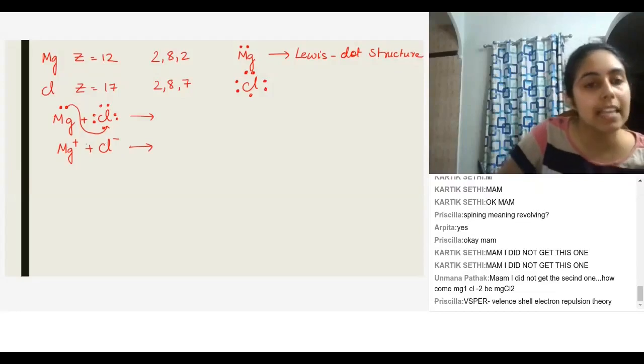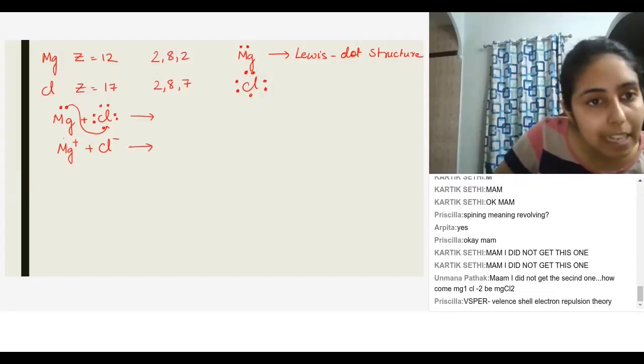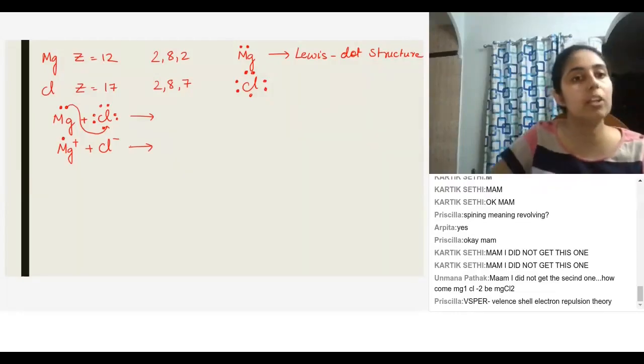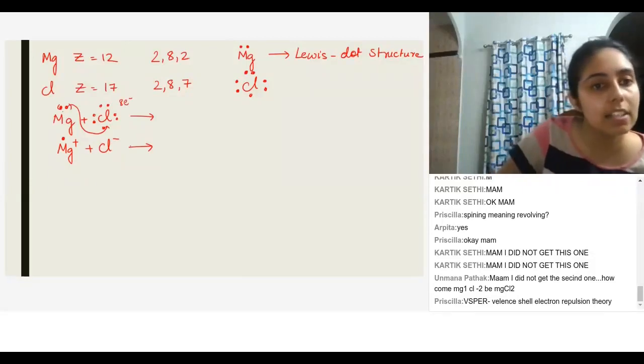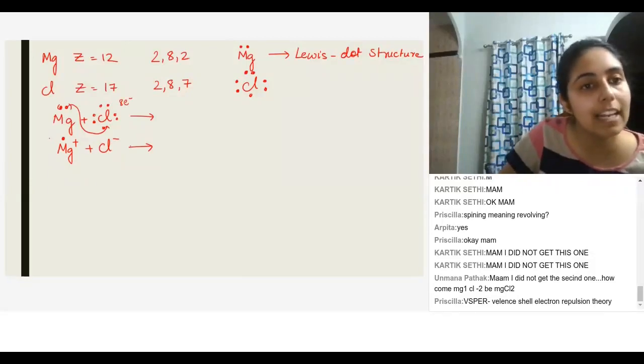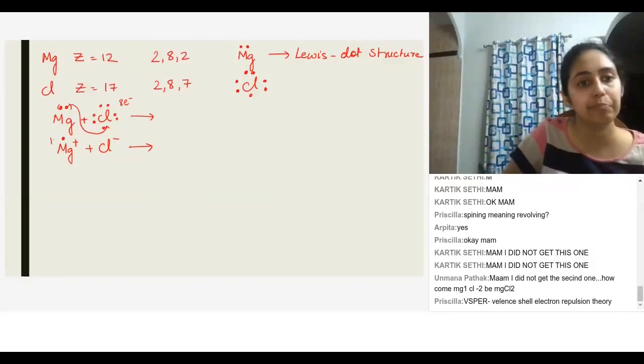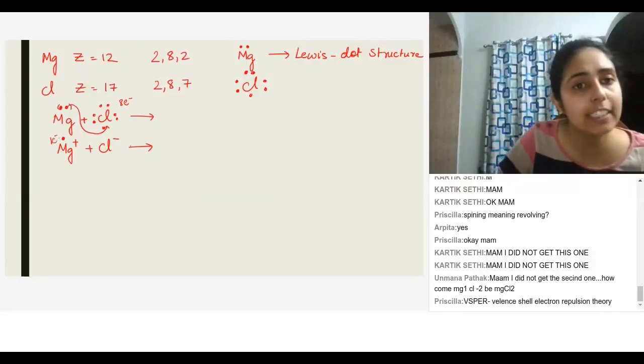Mg plus has 1 extra electron, because out of the 2 electrons I have only given away 1. Cl minus has 8 electrons in its outermost shell, while this has 1 electron in its outermost shell.